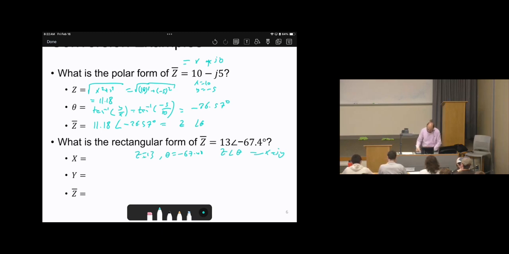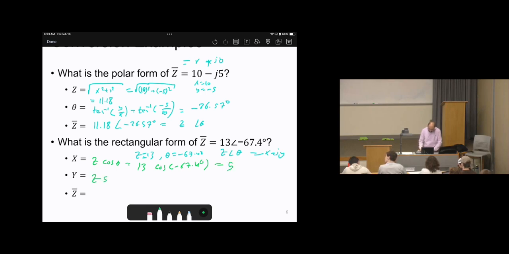Basically x is the projection of z bar on the x-axis. So it will be z cosine theta, which is 13 cosine negative 67.4 degrees. So the answer will be 5.